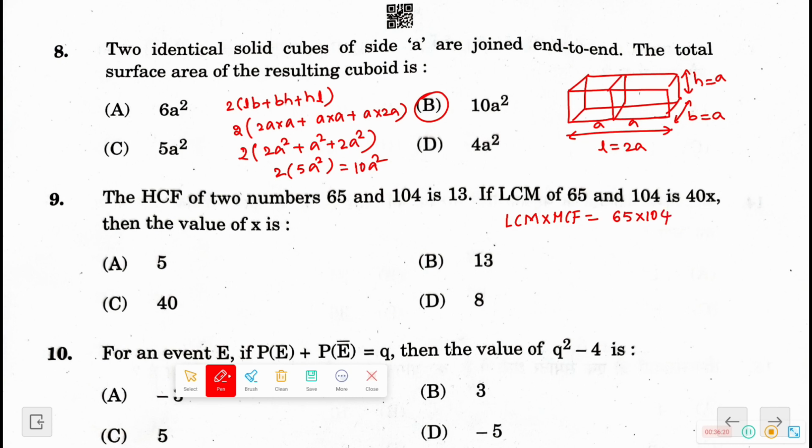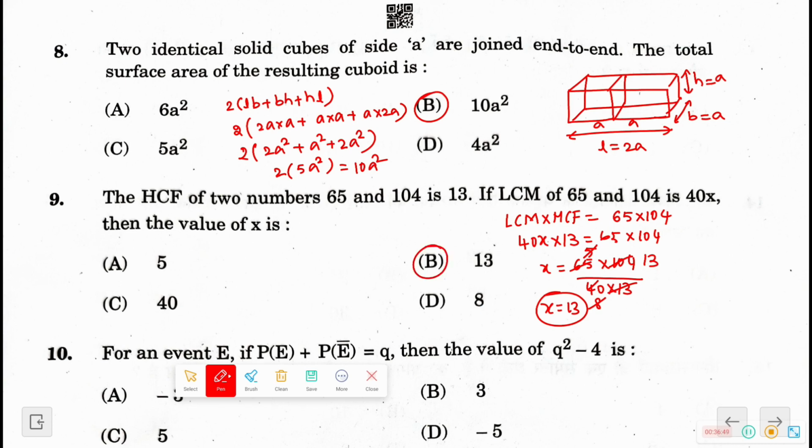We know LCM is 40x, so 40x into HCF 13 is equal to 65 into 104. So x is equal to 65 into 104 by 40 into 13. 13 ones are 13, 13 fives are 65, 5 ones are 5, 5 eights are 40, 8 ones are 8, 8 13s are 104. x is equal to 13. Option B is correct.